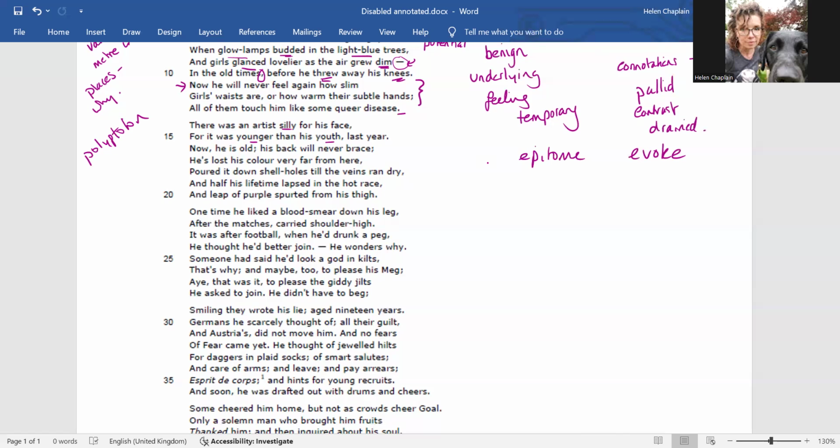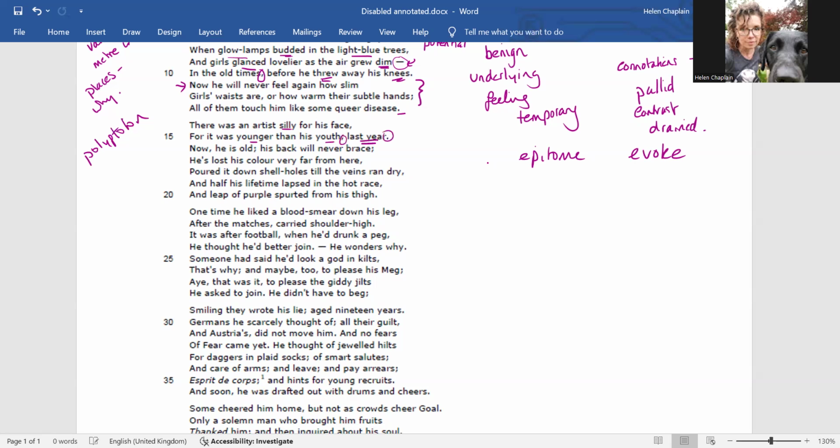And it's just kind of emphasizing here that his youth was everywhere. His beauty was in all sorts of forms. It's saying he looked young, like he actually looked younger than he was. And also we know that he was really young because he was too young to sign up. And this was only last year.